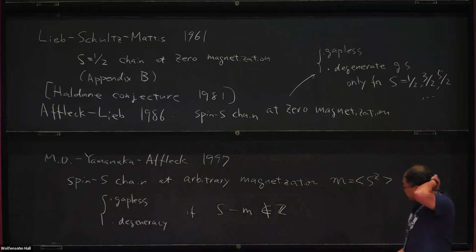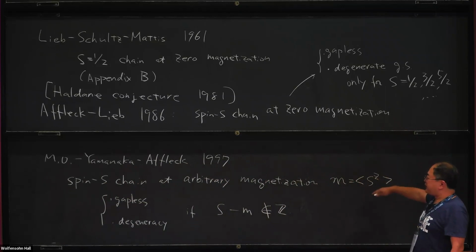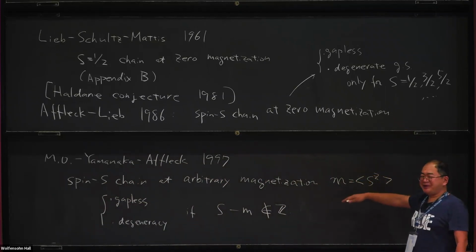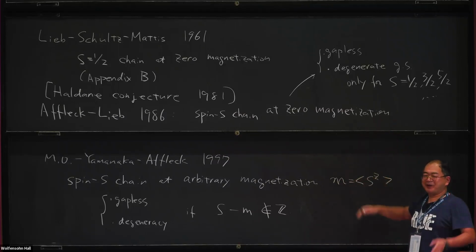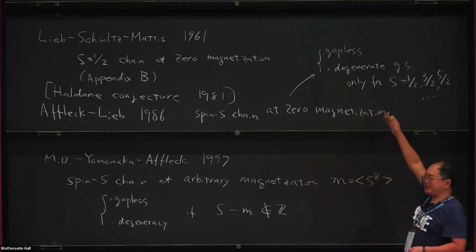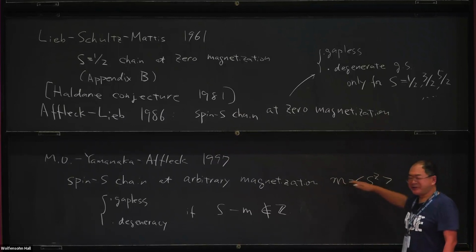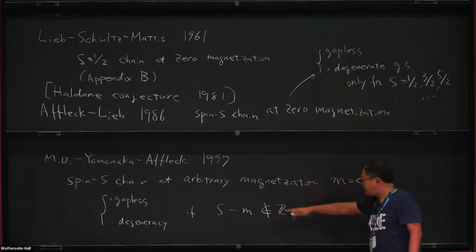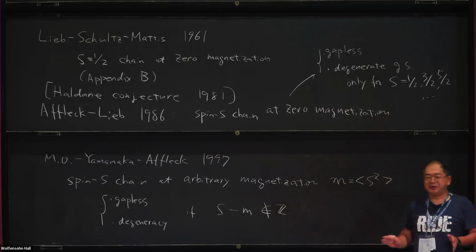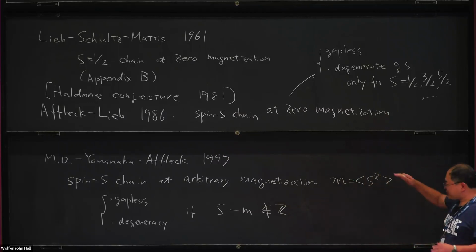And funny thing is that at this point, I think we didn't invent anything technically new. You can apply the same technique as in the original paper to this generalized problem, and then show that when this S minus M is not an integer, the system must be either gapless or have a ground state degeneracy.